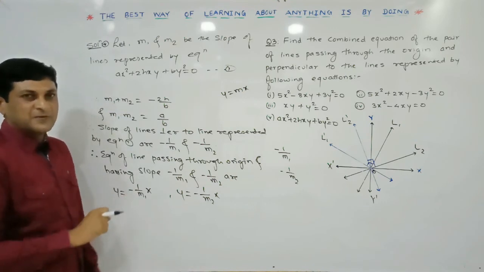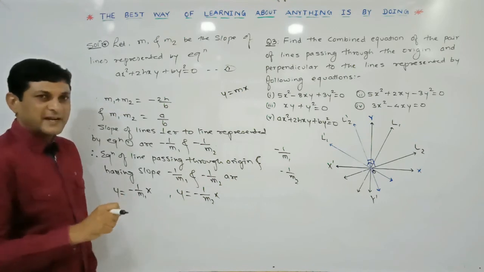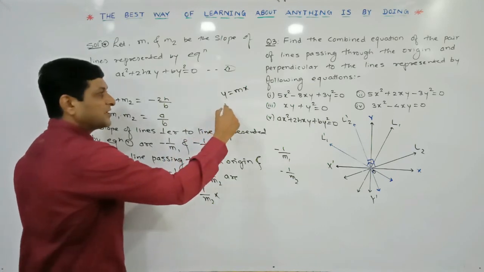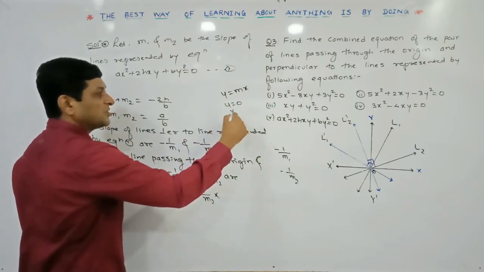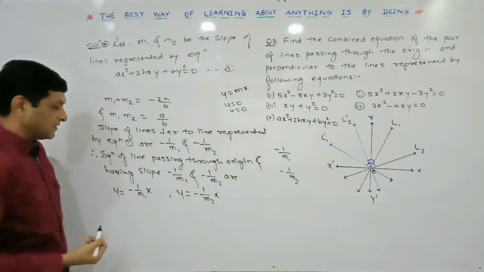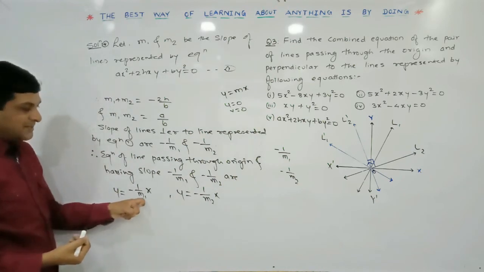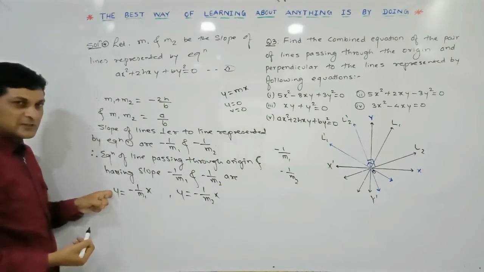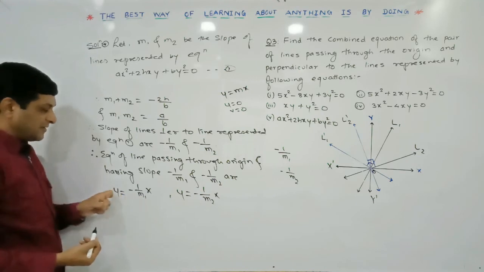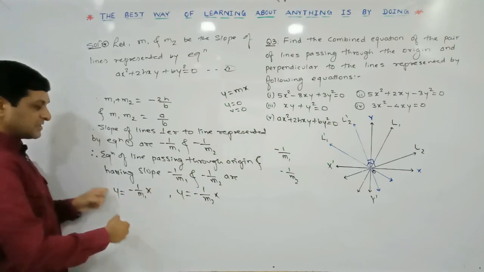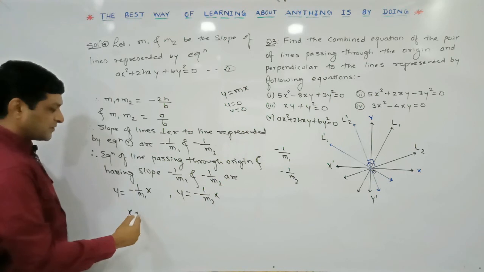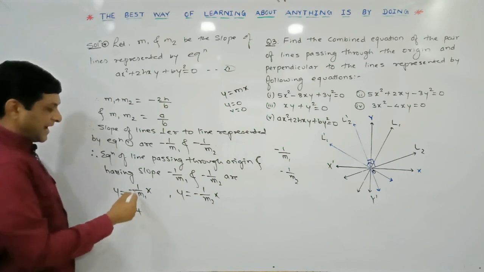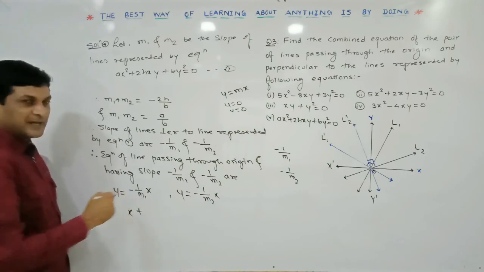Now let us simplify. Whenever we are finding a combined equation, our equations should be in the form u is equal to 0 and v is equal to 0. So now we are simplifying. m1 will get multiplied on this side, so on this side we will get m1y, and minus x on this side will become plus x.